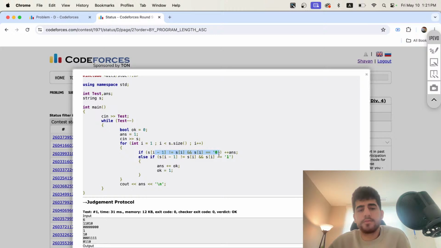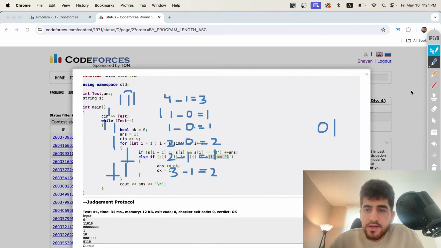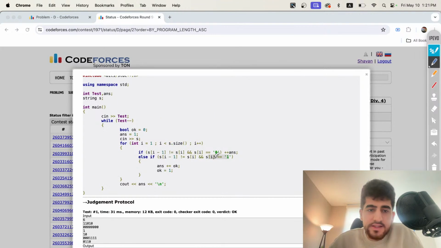Again, in here this code is counting the number of blocks. It just says that if S of I is not equal to S of I minus 1 and S of I was 1, it means that always when it sees 1 0, it adds 1 to answer.